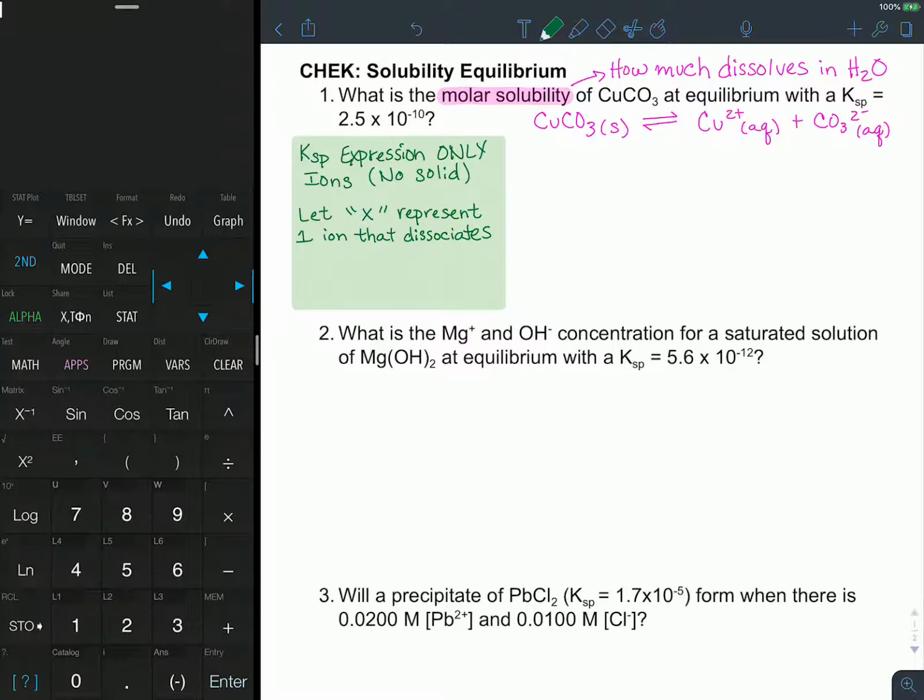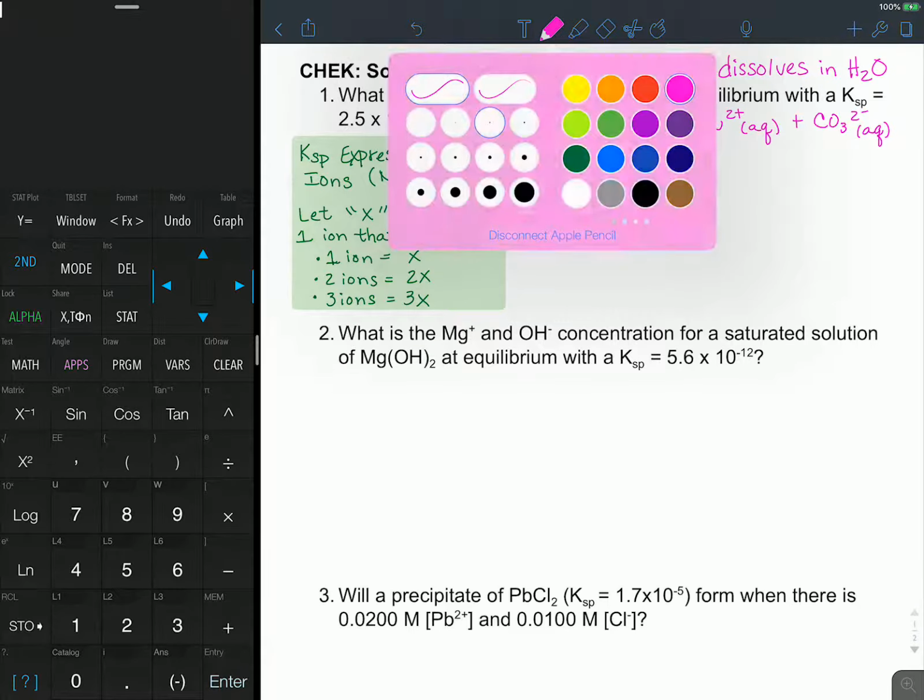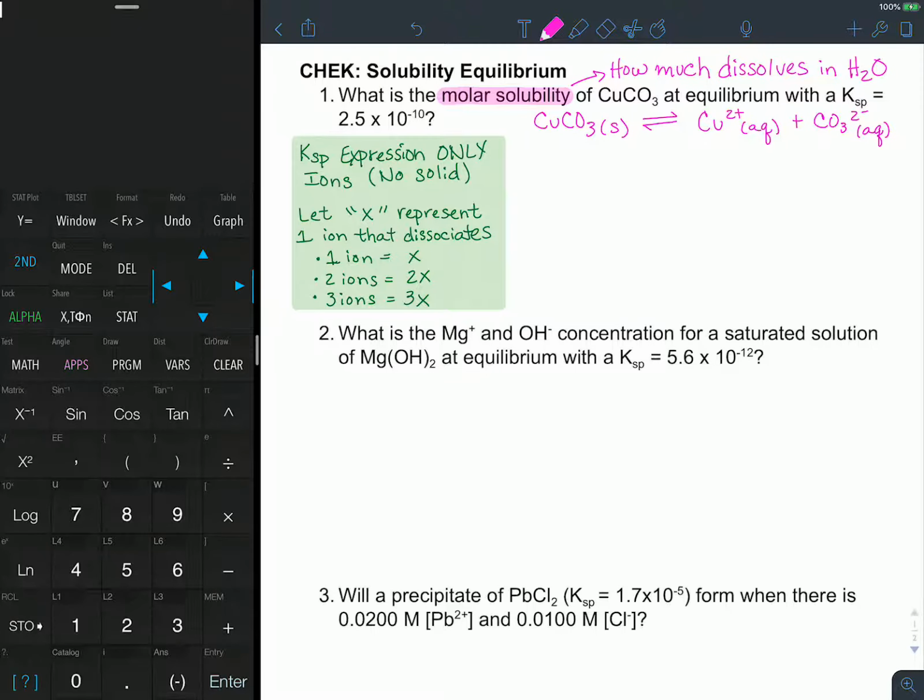If we have only one ion, that's going to equal X. If we have two ions, that's going to be a 2x, and if we have 3 ions, that's going to be a 3x. Now, knowing all of that, we can go back and write our equilibrium expression.